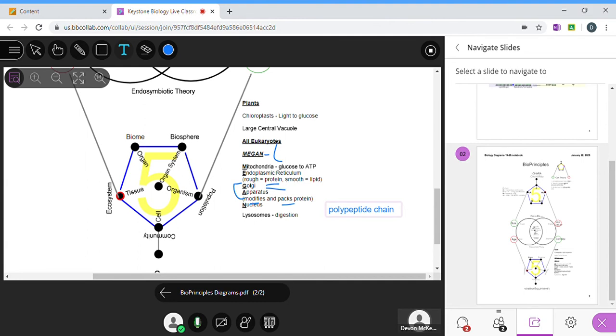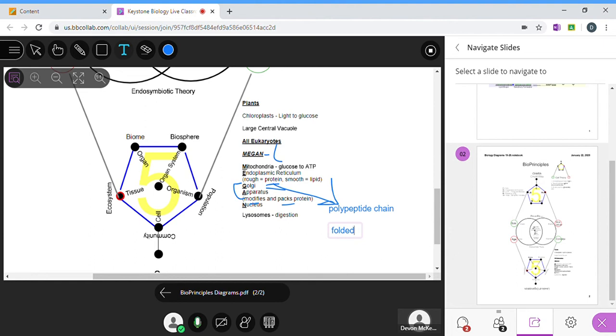So you see, the rough endoplasmic reticulum, when it makes a protein, it makes a polypeptide chain. Well, that chain has to be folded. In fact, it has to be folded very specifically in three different ways before the polypeptide chain is an actual functioning protein.